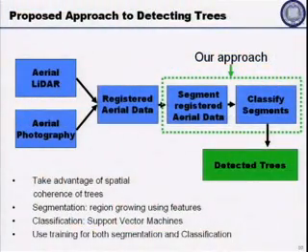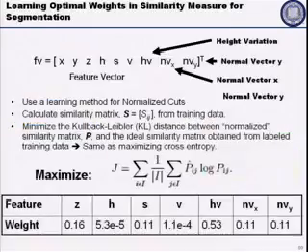We used region growing for segmentation together with training, and for classification we used support vector machines. These are the features that we used for segmentation: height variation, normal vectors, hue, saturation, value, etc. And these are the weights of the different features.